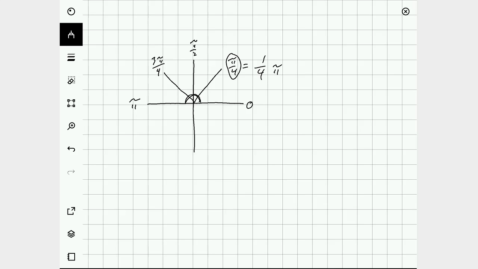Likewise, you could break the distance into thirds or into sixths, which is the common way of dealing with things.